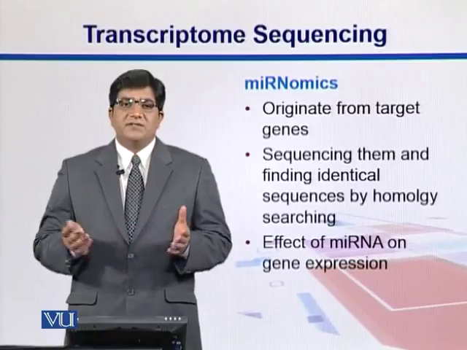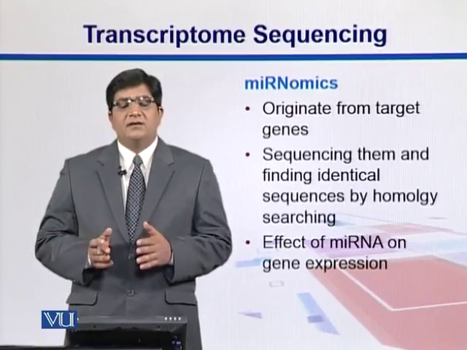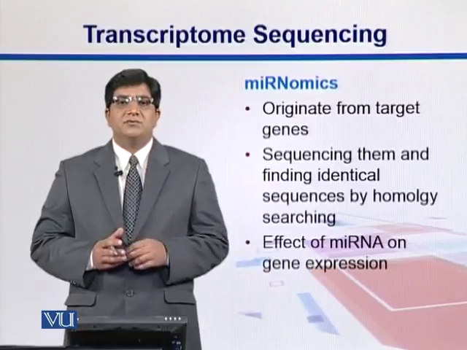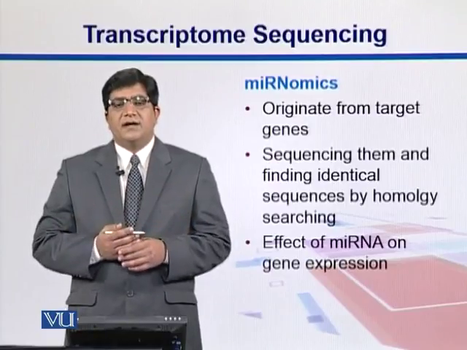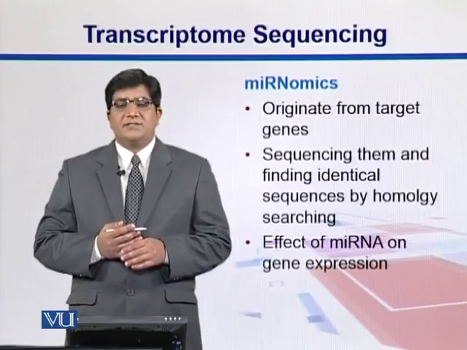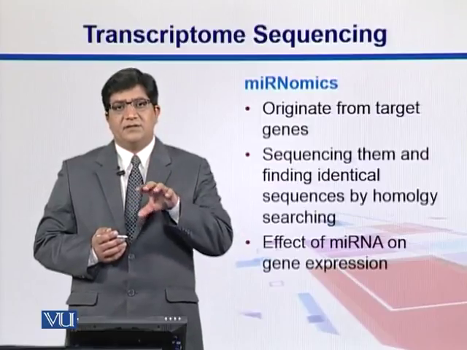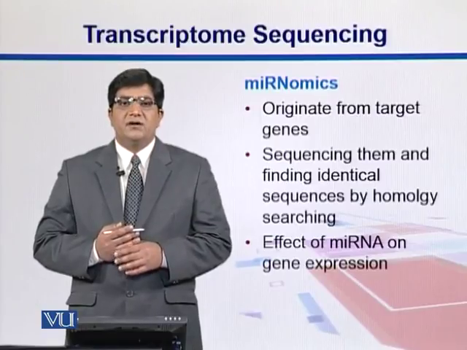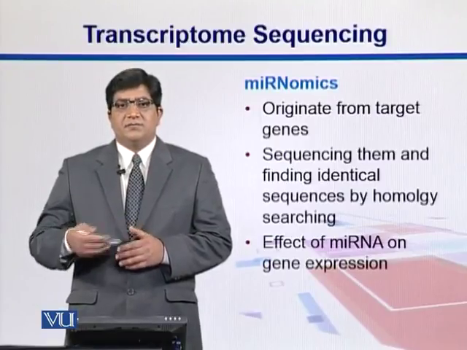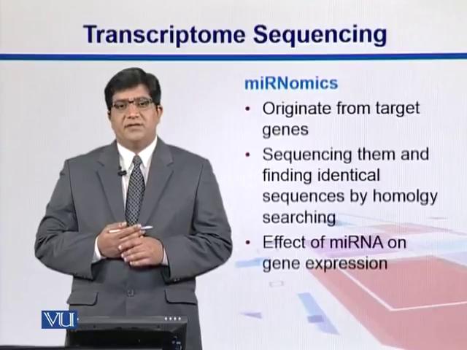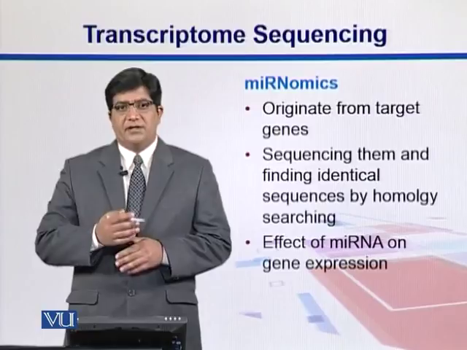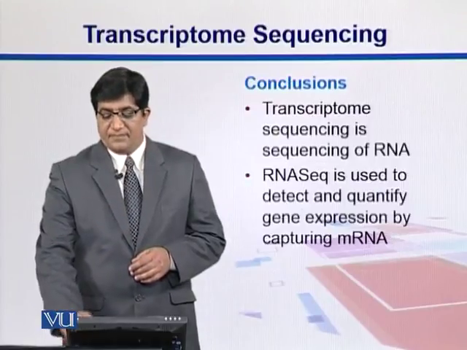So if we sequence the microRNA from a cell, we can get those sequences, align them to the whole genome, and wherever they are aligning, we can suspect that their target genes are there. For that, we might need to do some homology based studies where we can look into similarities of these microRNA to the target genes.